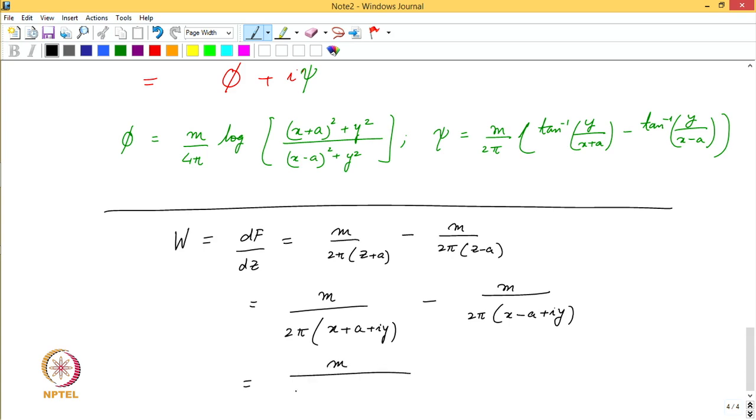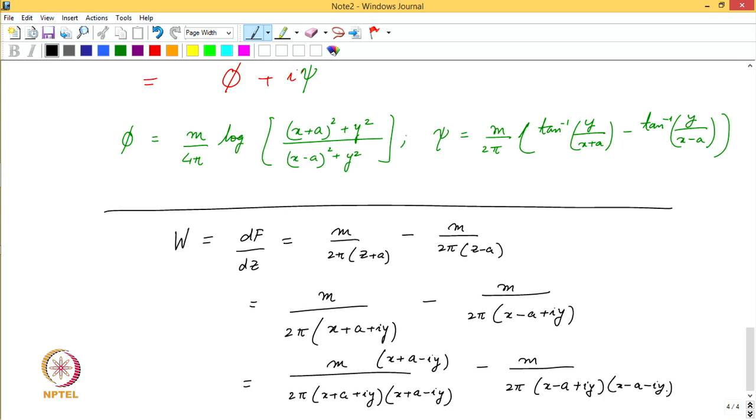So, I will just do m by 2 pi x plus a plus i y times x plus a minus i y, both in the numerator and denominator, and the second term also we will do the same thing. We will say this will be x minus a plus i y, x minus a minus i y, x minus a minus i y.